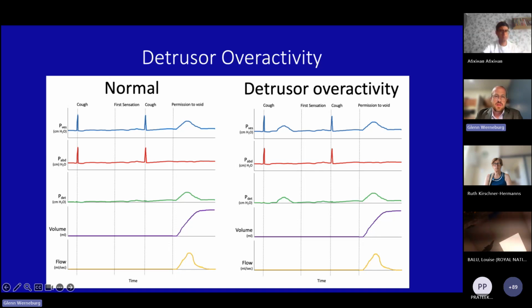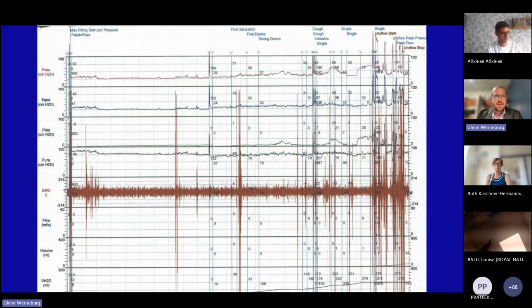So in terms of the pattern recognition, you can hopefully appreciate that on the left is normal, on the right is a detrusor overactivity event, and that green curve, that bump that you see on the right, that's not present on the left. Here's a real tracing of a multi-channel cystometrogram that demonstrates detrusor overactivity.